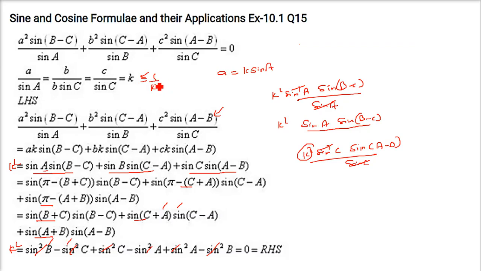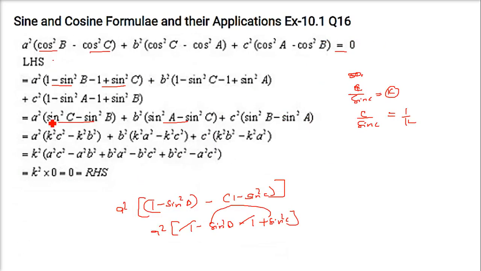We can write it as 1 by K also. So sine A can be A into K. Exactly what we have done here: in place of sine C we have written KC, in place of sine square B we have written K square B square. Similarly for others. Now here you see, just multiply them, or you can take K square common.